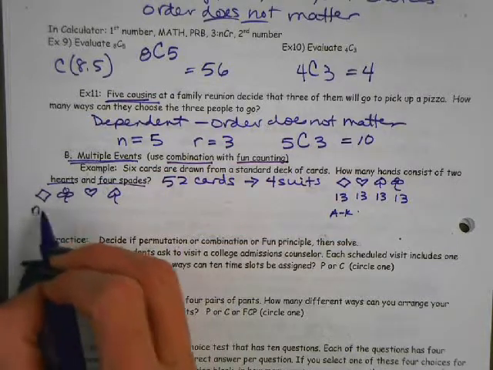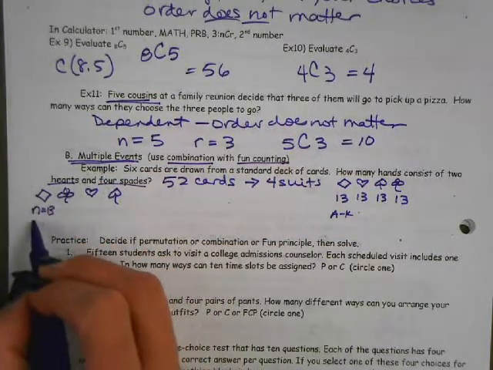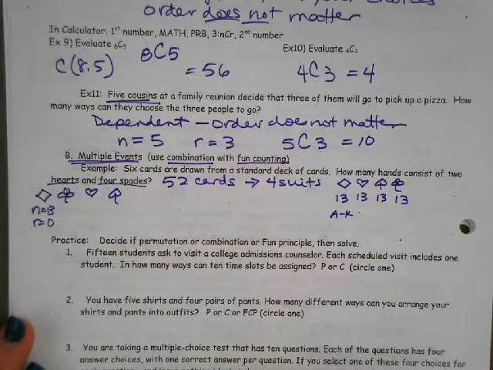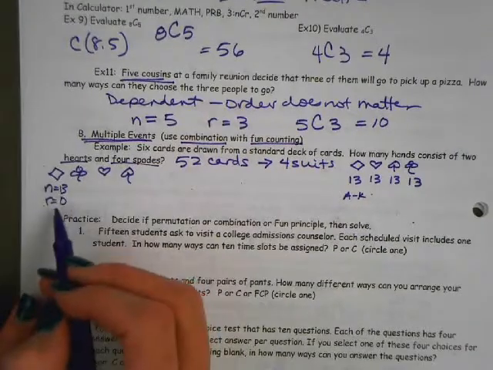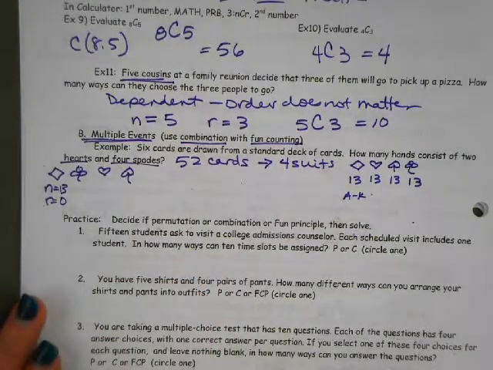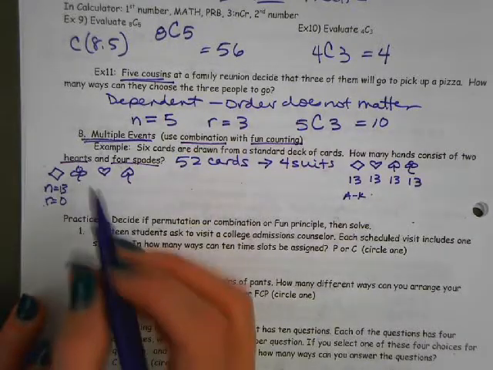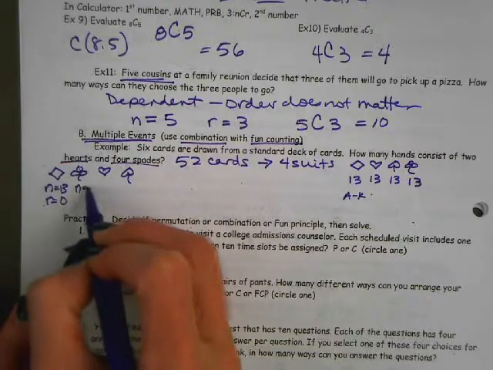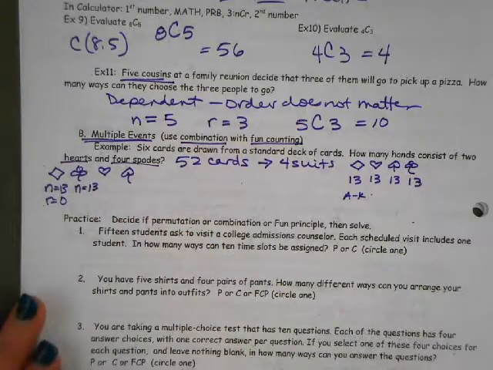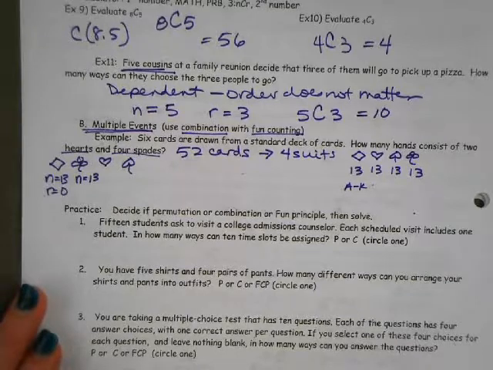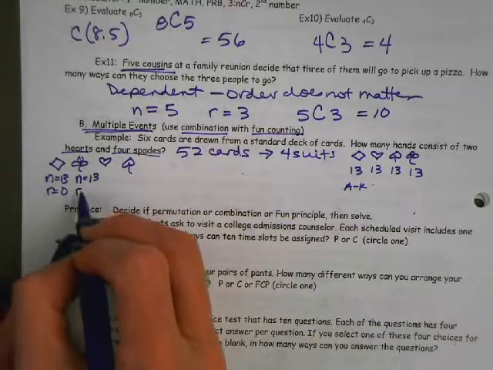So out of my 13, how many diamonds am I going to pick? 0. Okay, so my N is going to be 13, but my R is going to be 0. Right? So I'm picking nothing out of them. If I have clubs, how many clubs do I have? 13, so my N is 13. How many am I picking of those? 0.